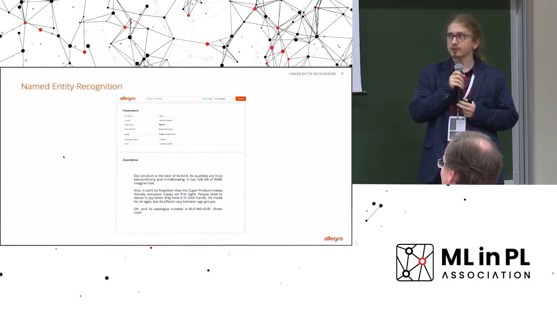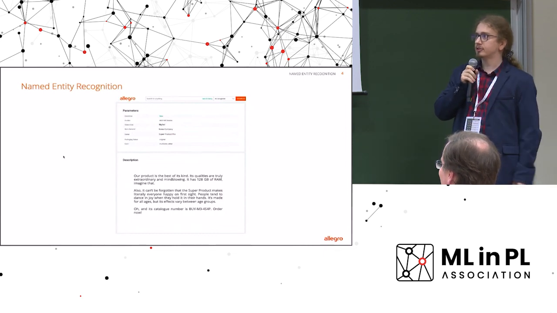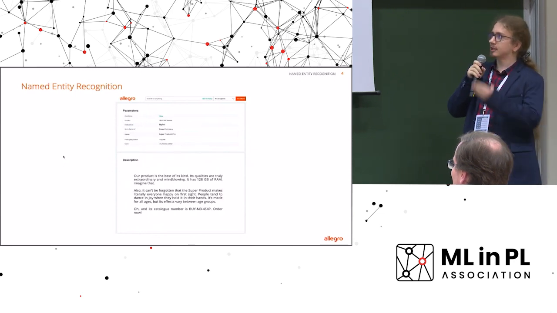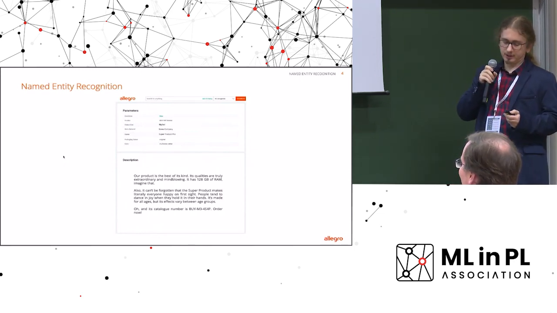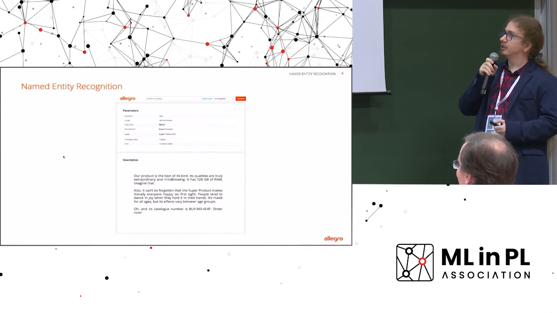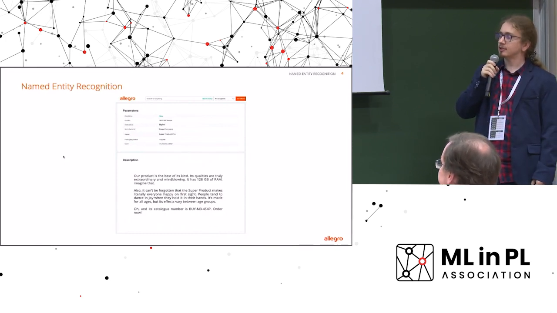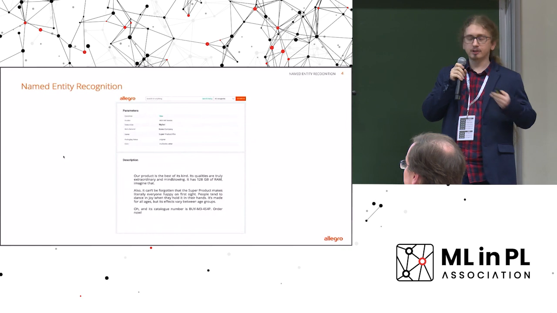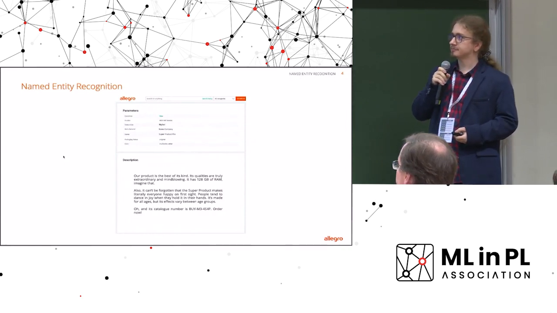And these products can fall into any number of product categories. They are parameterized by a set of structured parameters, like you can see here, and also they are described by a free text product description.